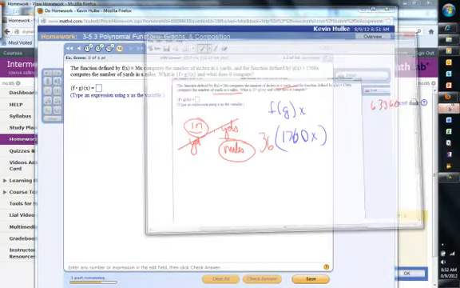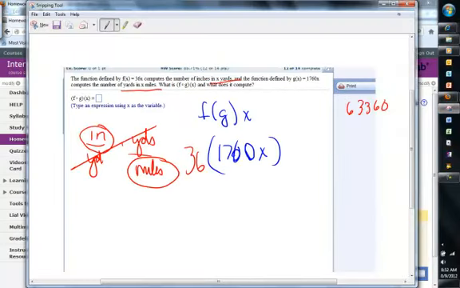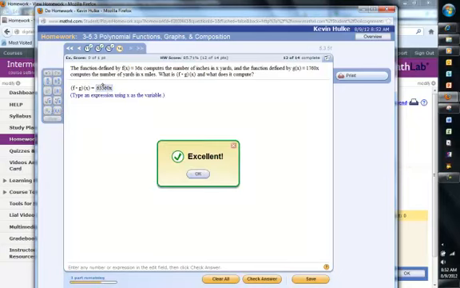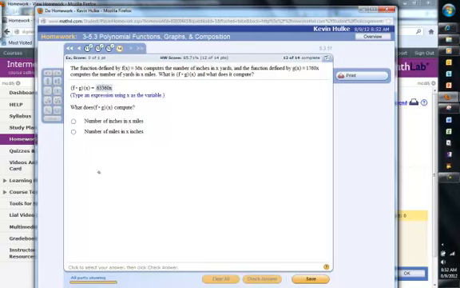Oops, I better write down my 63360. 63360x, and it's the number of inches in x miles.